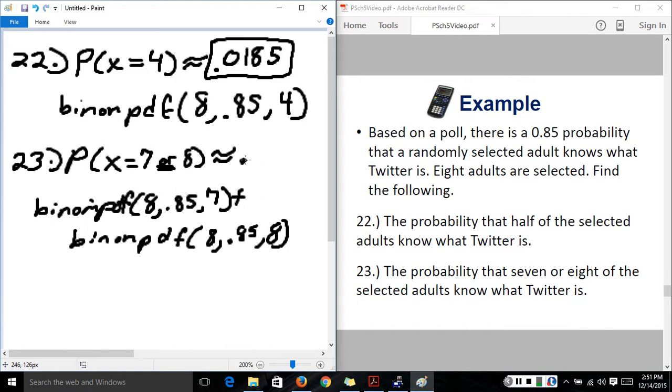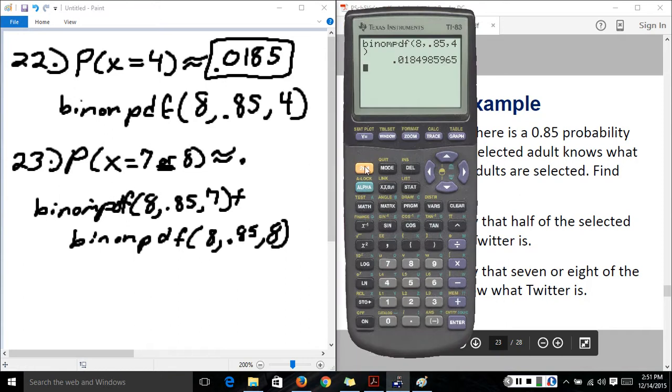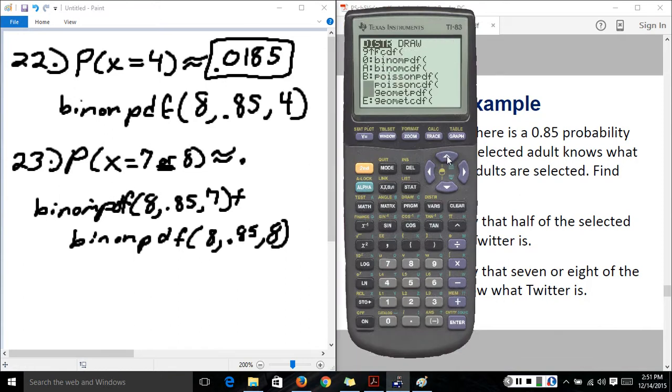So I'm going to do just that. All right, I type in binomial PDF for the first part, then add, so plus, and then second bars again, and I can put in the other probability.